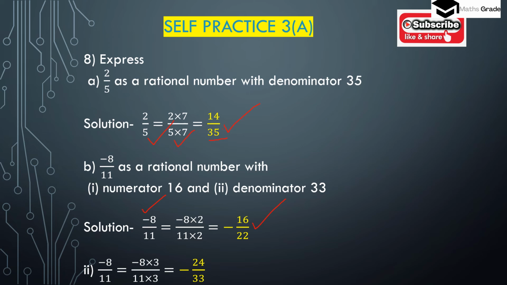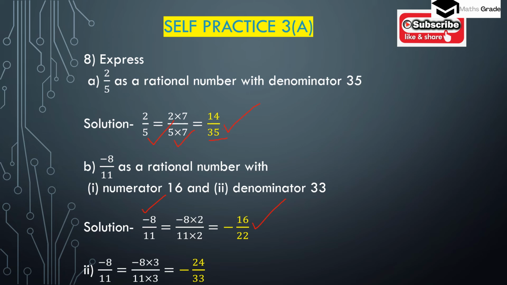So we get 16 divided by minus 22, which is equal to minus 16 divided by 22. We get the rational number minus 16 divided by 22, whose numerator is 16.